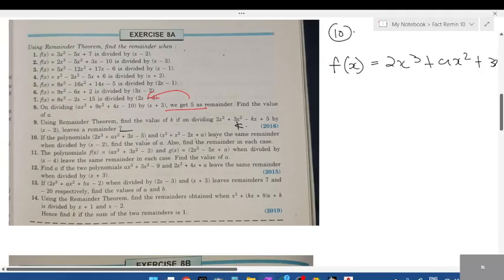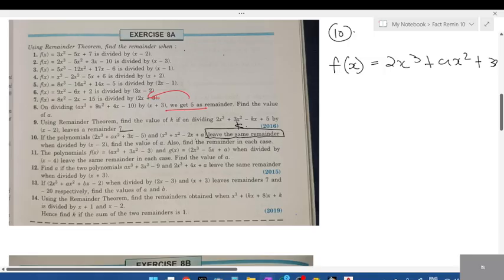Leaves the same remainder. What do you mean by leaves the same remainder, students? Is the remainder 0 here or will the remainder be some value? All of you respond. It will be different, right? It could be more than 0.